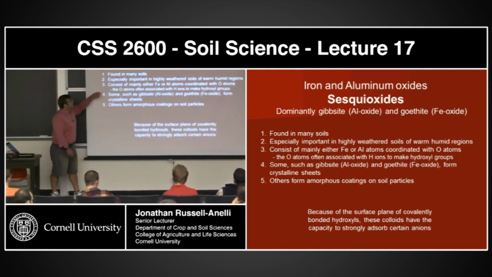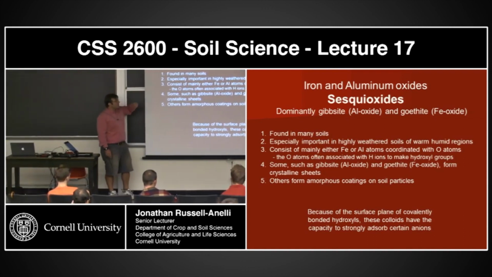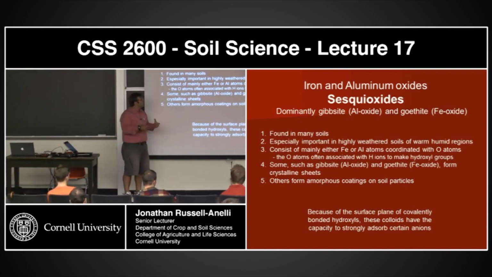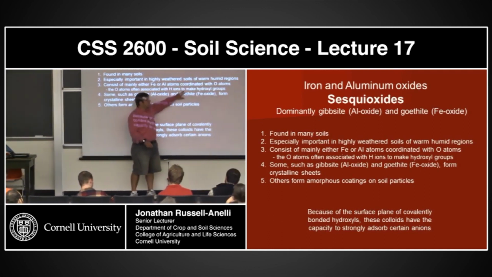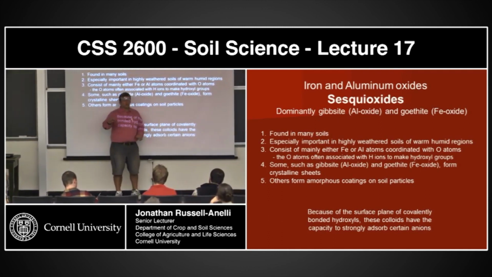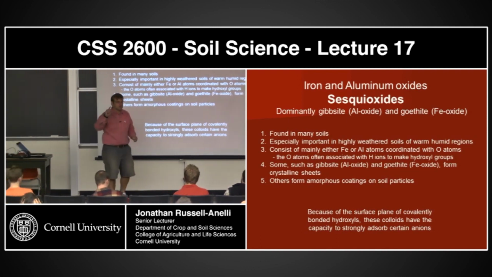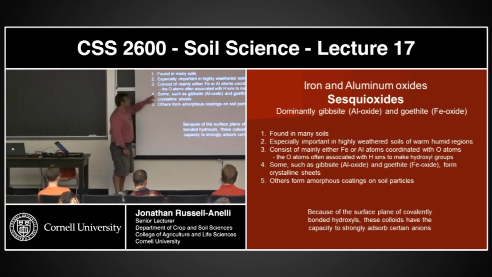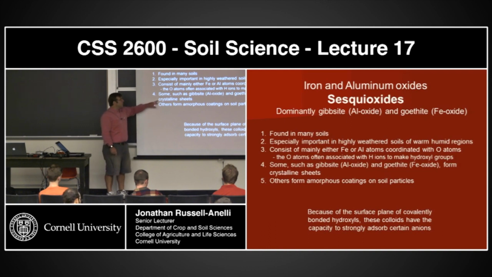Okay? They consist mainly of either iron or aluminum atoms coordinated with oxygen atoms. Okay? This oxygen is often associated with a proton to make hydroxyl groups, and that term right there is going to become more important later in this lecture. So keep that in mind. Okay? Some, such as the gibbsite and goethite, form crystalline sheets.